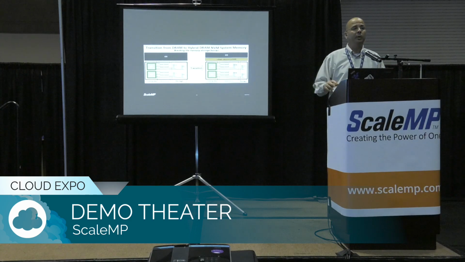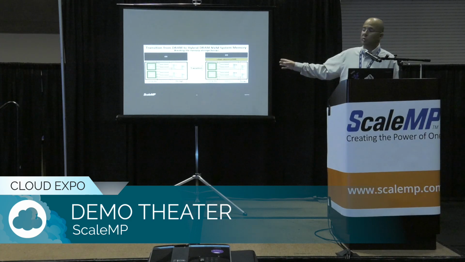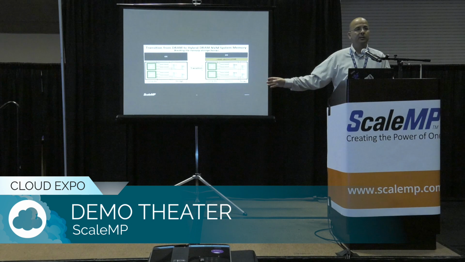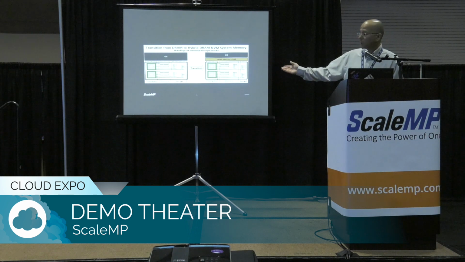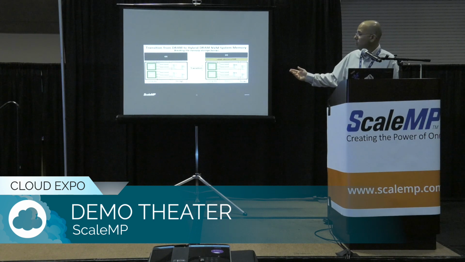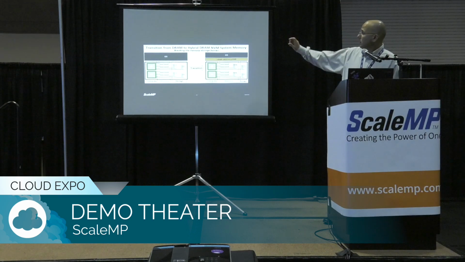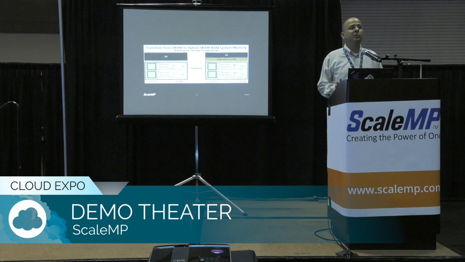So now it's one memory pool out of your DRAM and your high-memory storage devices, non-volatile media, which is, of course, much lower cost, much larger in size. So you can get much lower cost overall memory per gigabyte and much larger than you would otherwise be able to get.